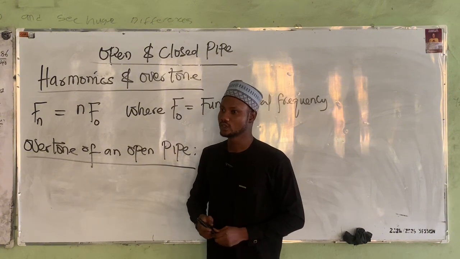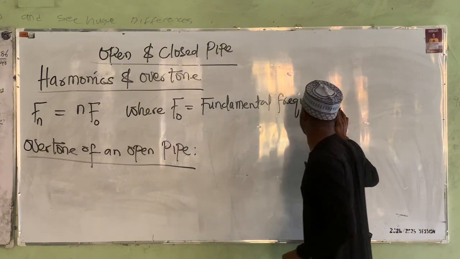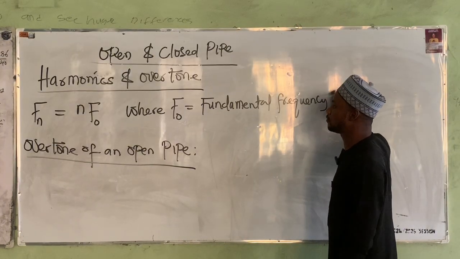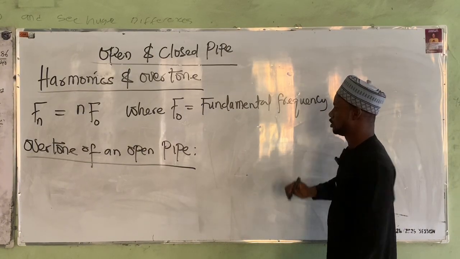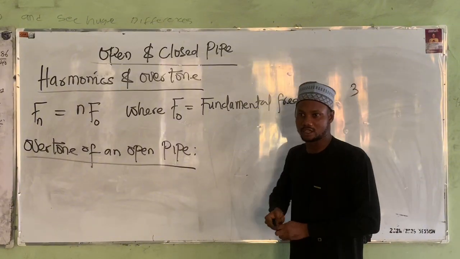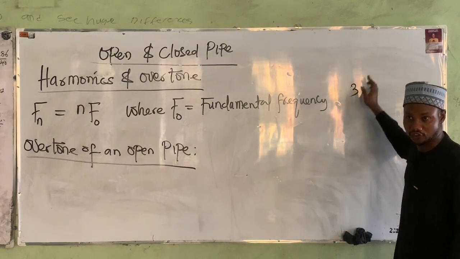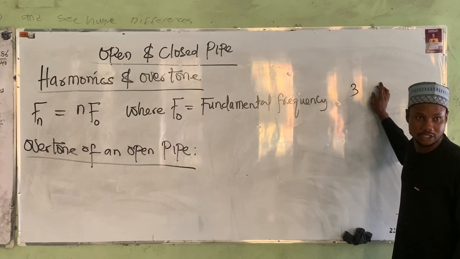Full stop there. So what does it mean here? It means that if my harmonic is 3, the overtone of this open pipe, what is the frequency over this 3? Over 3 is 4, right? I hope you get what I'm saying here.